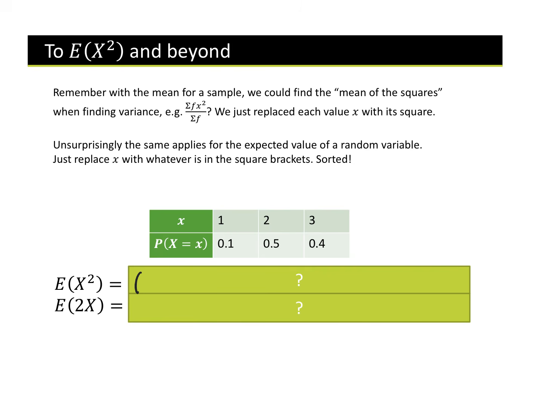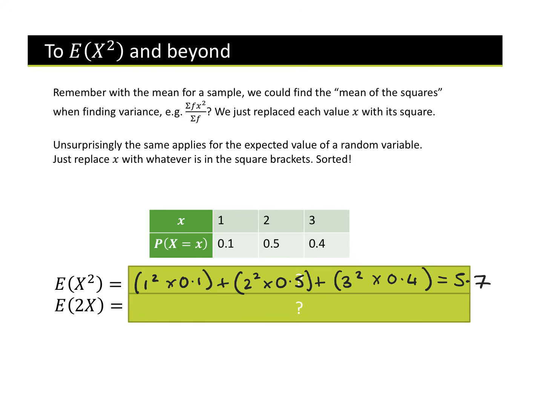So we're going to have 1 squared multiplied by the probability, plus 2 squared, which is our x, multiplied by the probability, plus 3 squared multiplied by the probability. Once we do all that, you get 5.7.